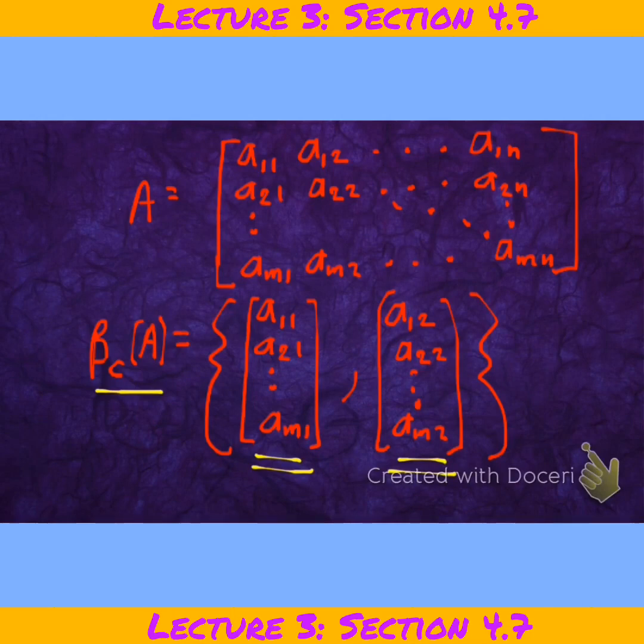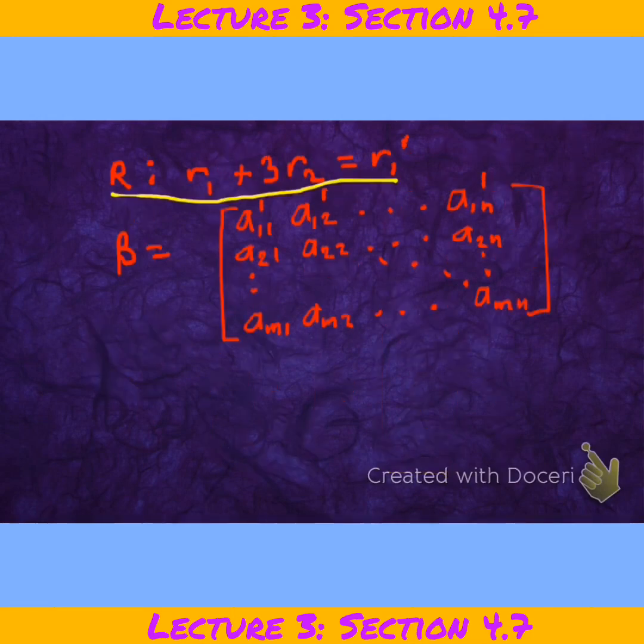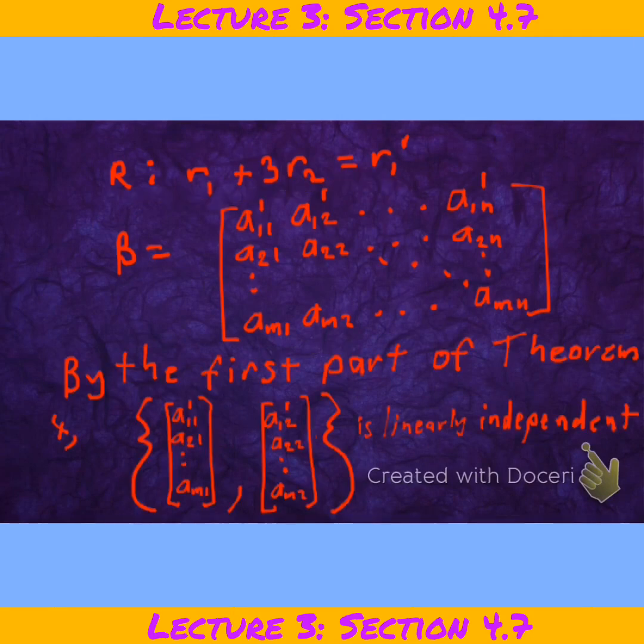Now that is going to imply that in my matrix B, the first two column vectors are going to be linearly independent. So therefore, by the first part of Theorem 4, because the first two column vectors of A are linearly independent, the first two column vectors of B are linearly independent.